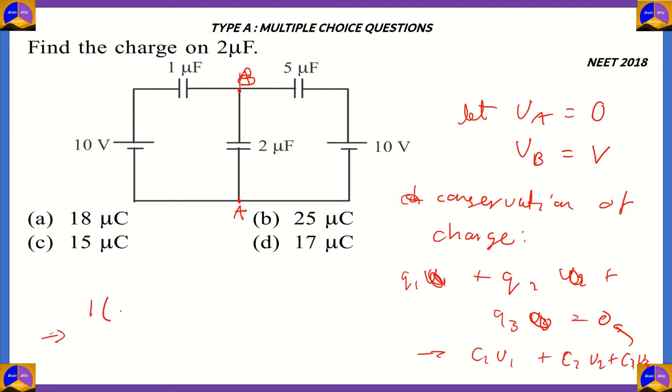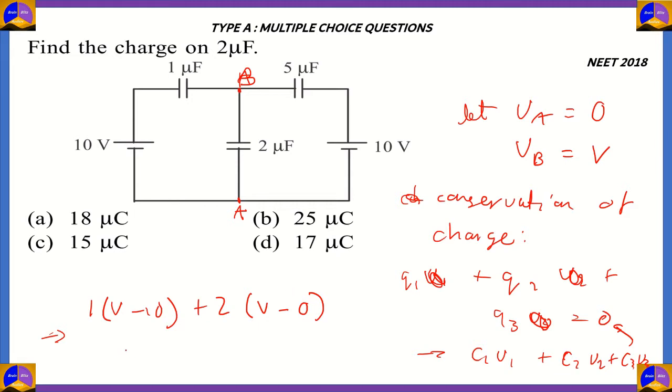So 1 times V, the potential at point B, and then it is passing through a 10-volt battery. So it's from positive to negative, so the 10 volts are getting decreased, so minus 10. That is 1 times V minus 10, plus 2 times V minus 0, since B has V and A is at 0.